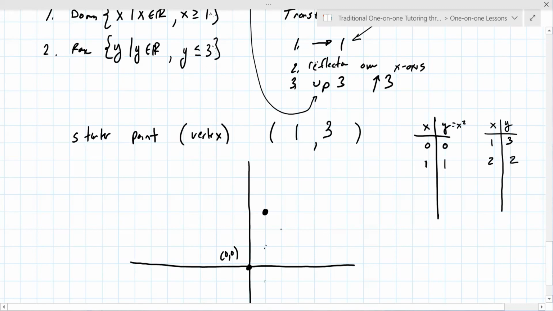Okay. And then the next point on the original function is 2, 4, and 3, 9. And we have to do the same thing. So the x value in the x column, that's easiest because you're just moving it right 1. You're just adding 1 to it.